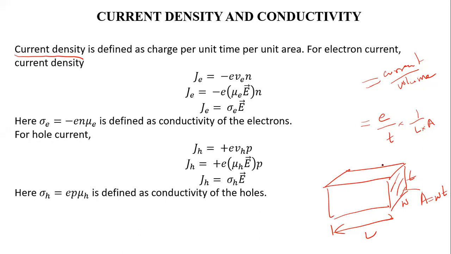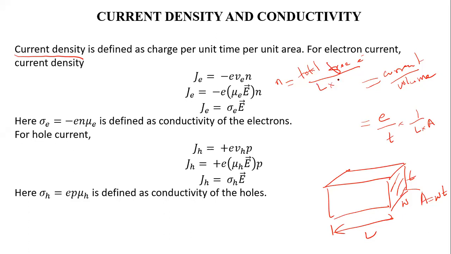Now, N is the total number of free electrons upon volume. Charge density of free electrons means the total number of free electrons per unit volume.